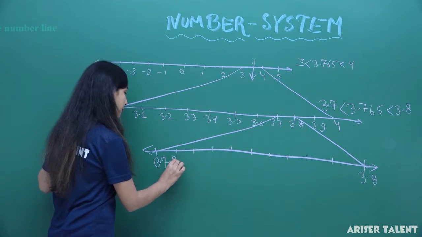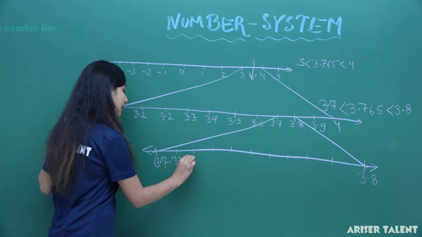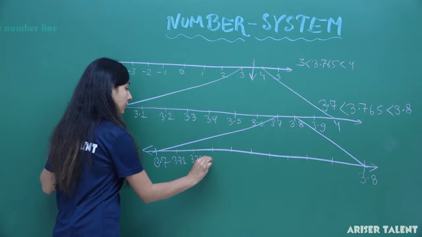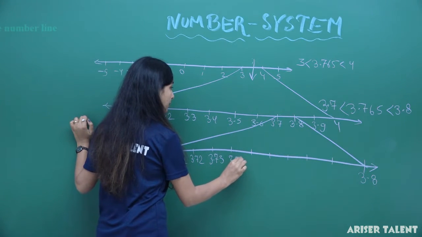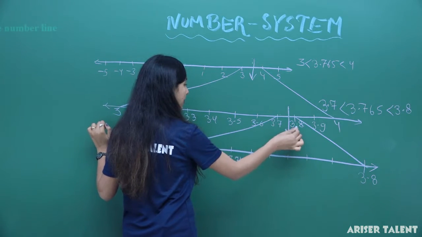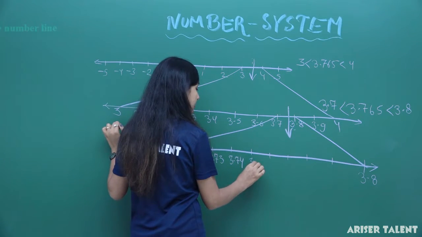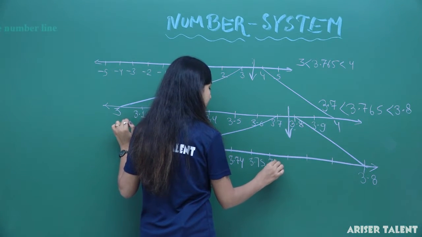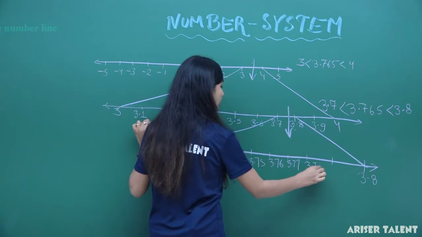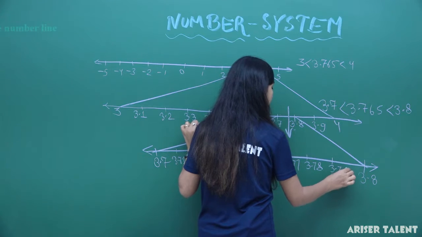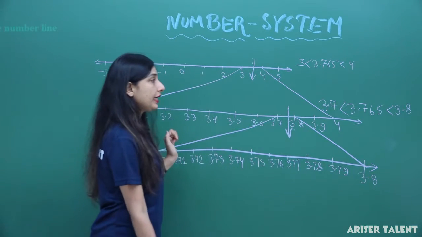So here it will be 3.71, then 3.72, 3.73, 3.74. The number is lying between here. Okay, 3.75, 3.76, 3.77, 3.78, 3.79 and then 3.8 here.